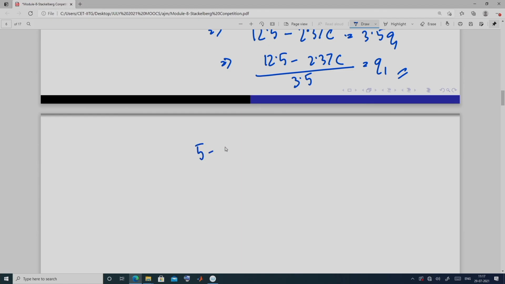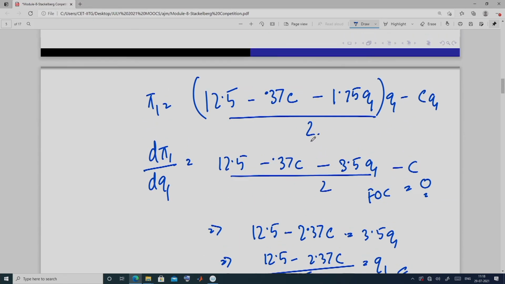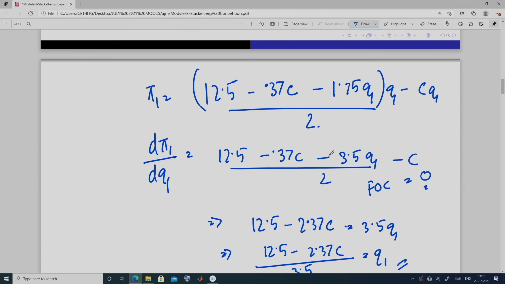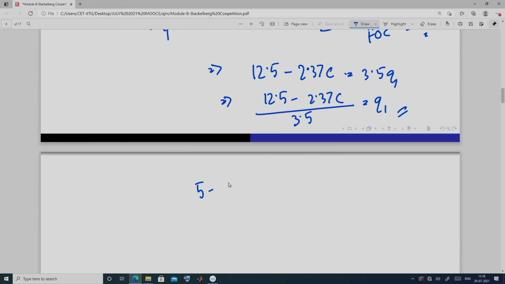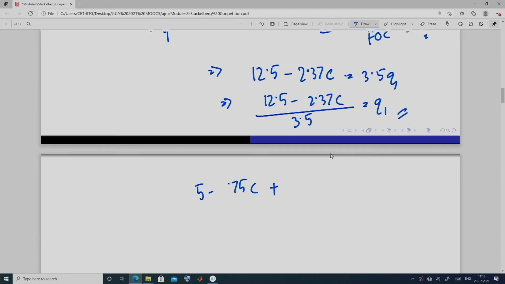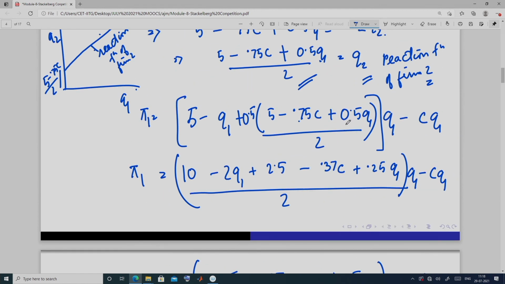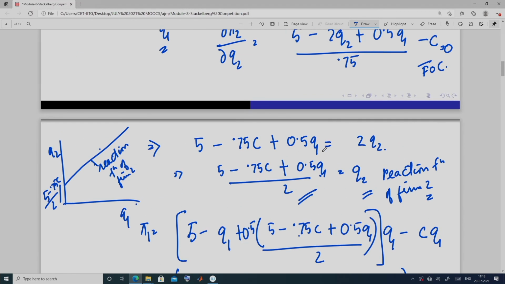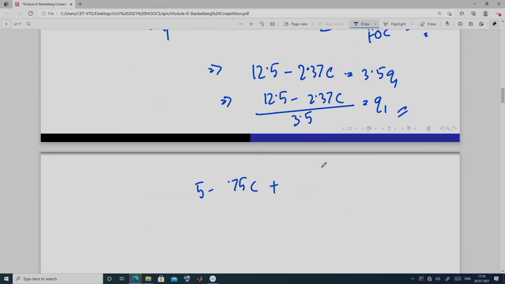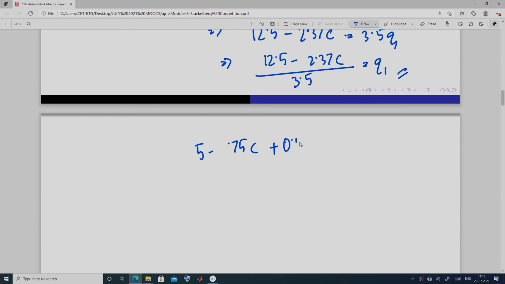We plug this Q1 into the reaction function. The reaction function is 5 minus this, 0.75 C plus 0.5 Q1, and this is Q2.